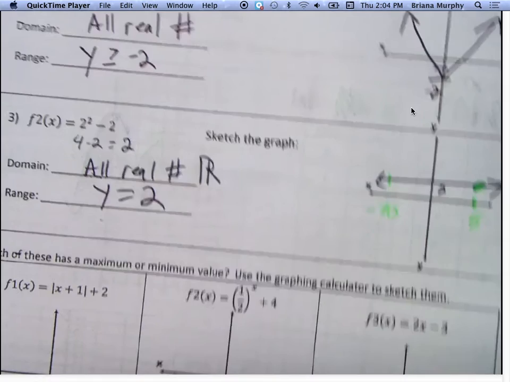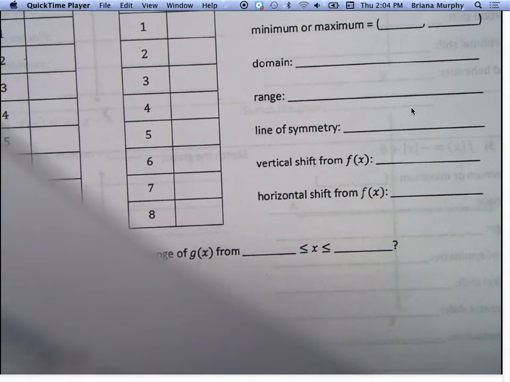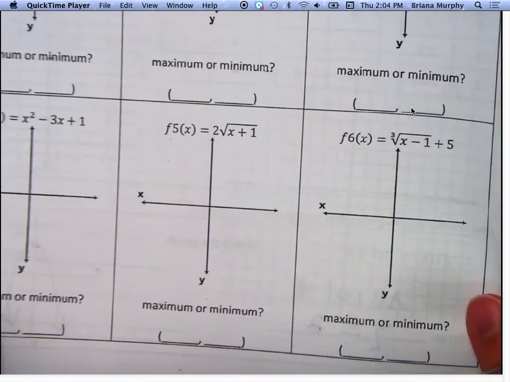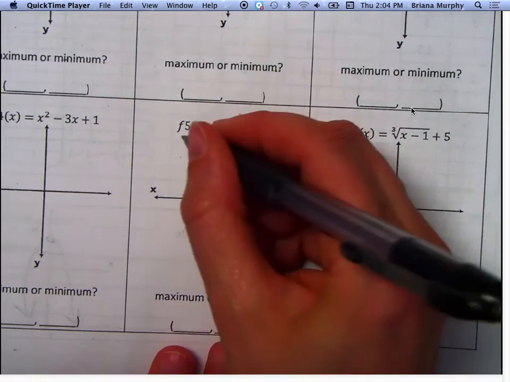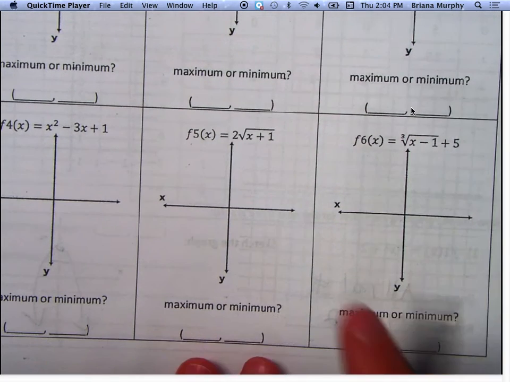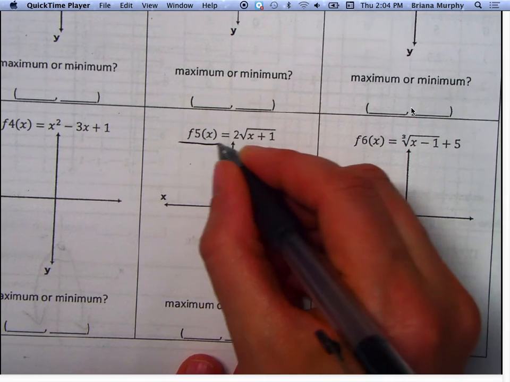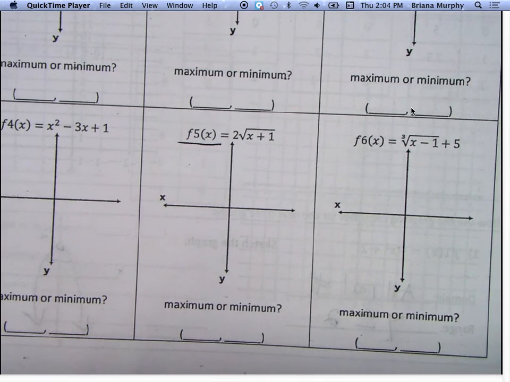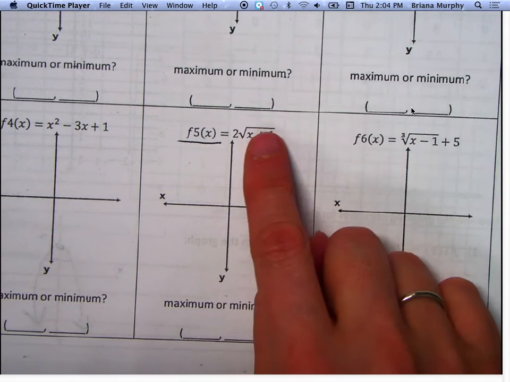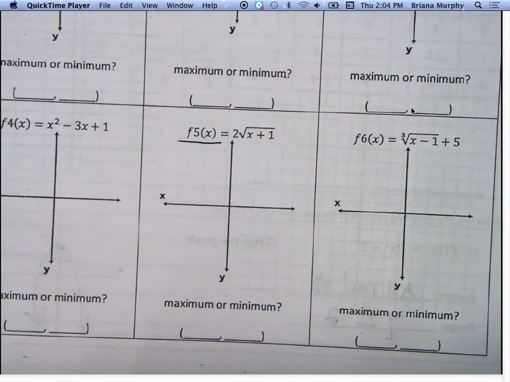We're going to talk a little bit about minimums, but I'm going to skip down, I might come back to number 1. Let's do 5 first, because we just learned about square roots. Before you put this in your calculator, what does that 1 mean?